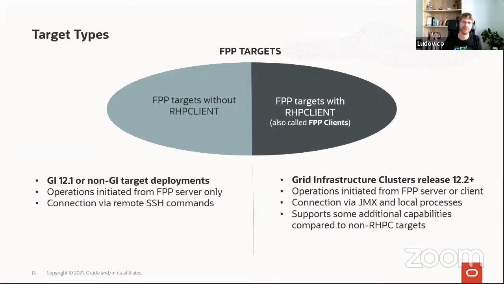So we make the distinction between the targets that do not have this component that is called RHP client and the targets that have it. The targets that do not have it are all the single instances, all the Oracle Restart environments, and all the old grid infrastructure installations, and by all, I mean 12.1. Because as soon as you have a grid infrastructure 12.2 or later, you have to configure this component.